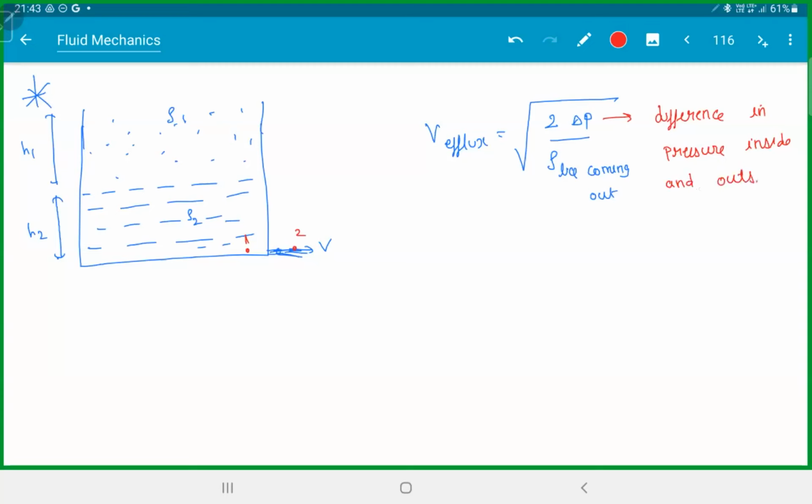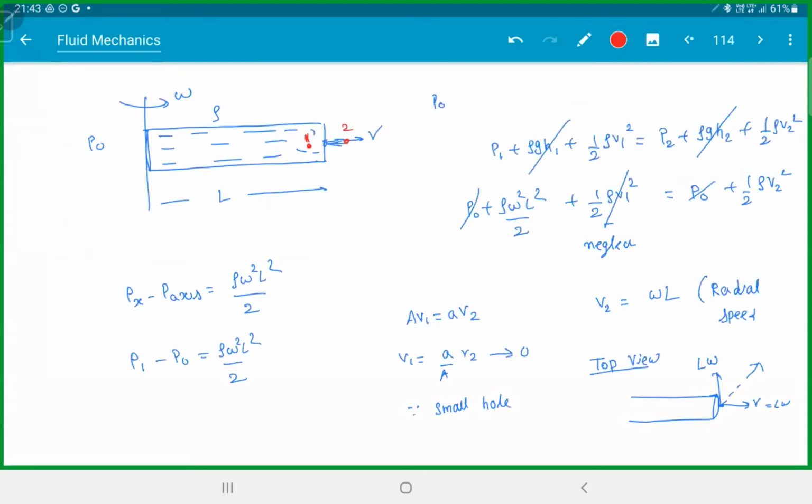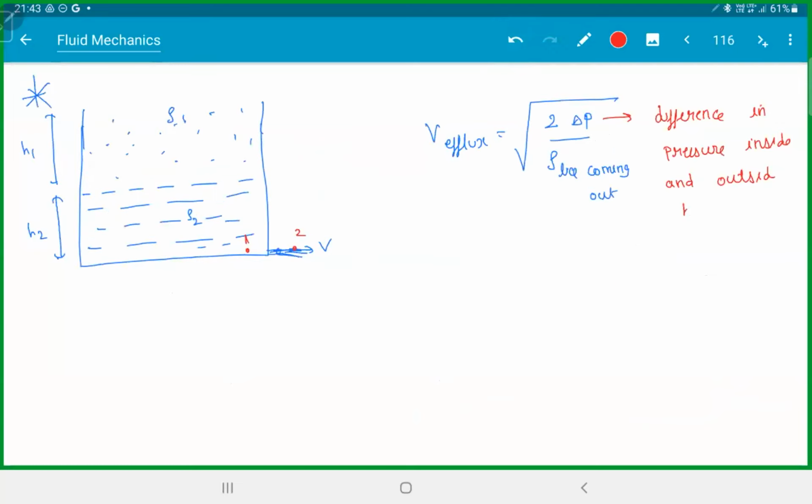Because end of the day, what you're interested in is the pressure difference only. Look at this result, how we got it. Did you see, end of the day, the height is cancelled. This is cancelled. You got P1 minus P2, no? Isn't it? The formula came as a pressure difference only. Means all that height, velocity, I don't care. Inside and outside the hole.